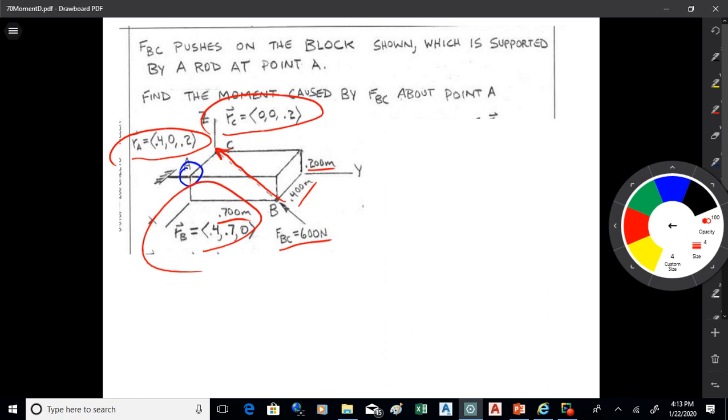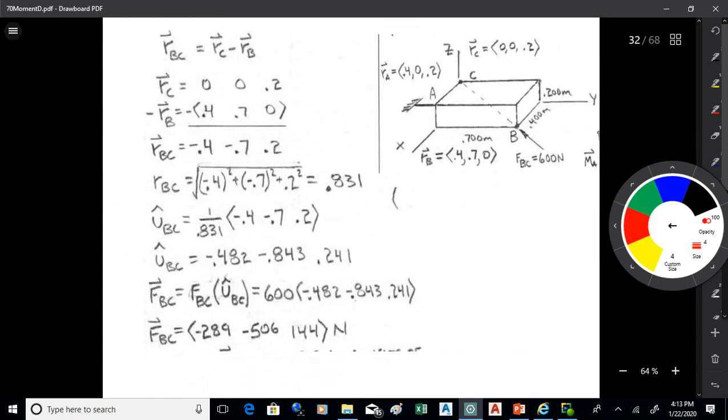All right, now what I do first is get a force vector, and I've got that on the left. This is something we've done a number of times in class, and frankly, you should now know how to do this. This should be a process that you have pretty well figured out. Okay, so RBC is RC minus RB. So I switch the order of the letters. I take RC and I subtract off RB. So that will get me the vector that goes from B to C. I get negative 0.4, negative 0.7, 0.2.